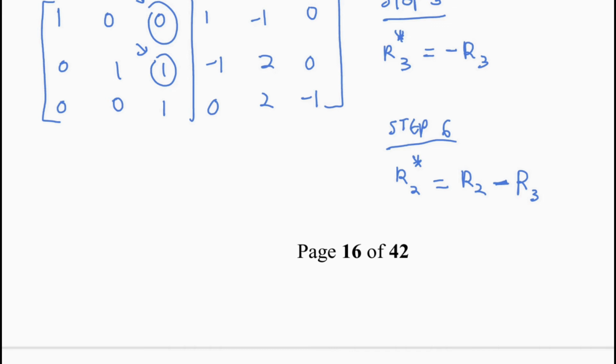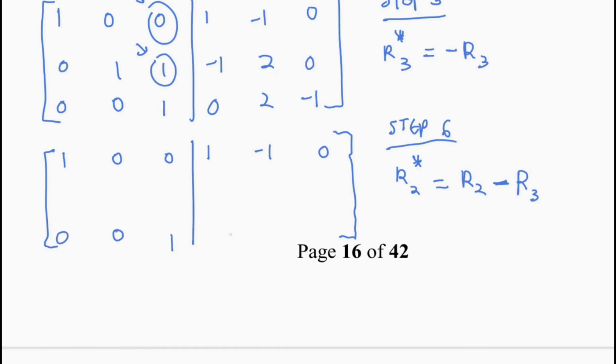Since 1 minus 1 is 0, here you just copy back everything. For row 3 also, you just copy back everything. And then here it will be 0, 1, 0, negative 1, 0, 1.